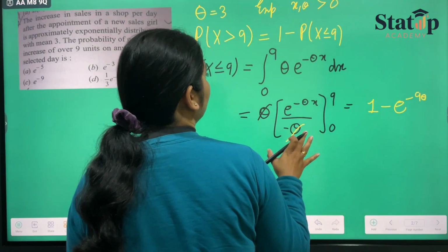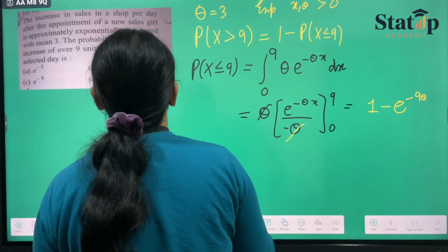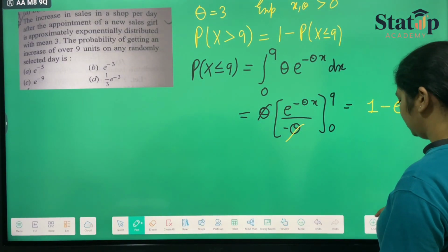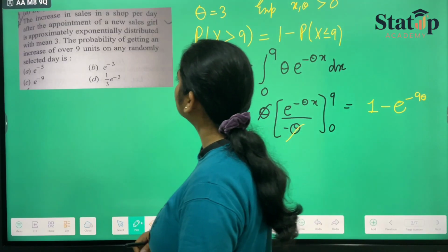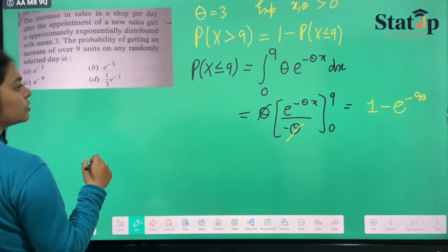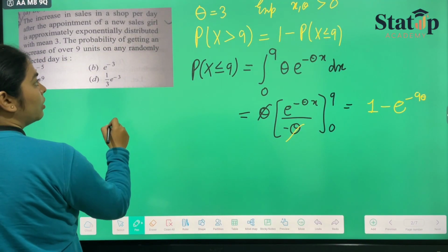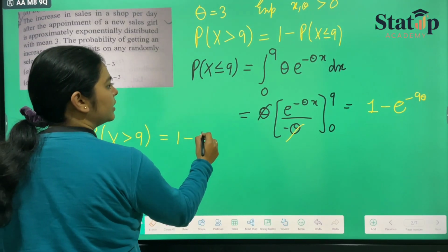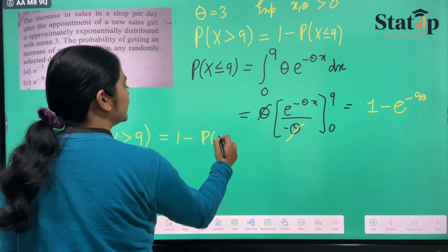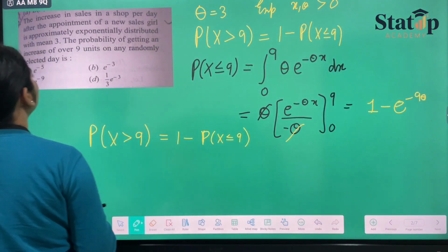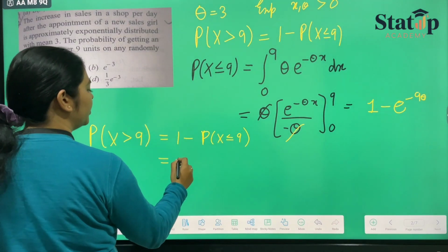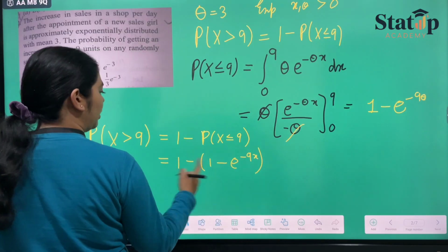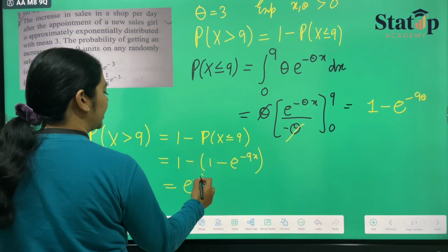Now here they have provided us that theta is equal to 3. Probability x is greater than 9 will be 1 minus probability x is less than or equal to 9, which is 1 minus the quantity 1 minus e raised to the power minus 9 theta, which on cancelling gives us e raised to the power minus 9 theta.